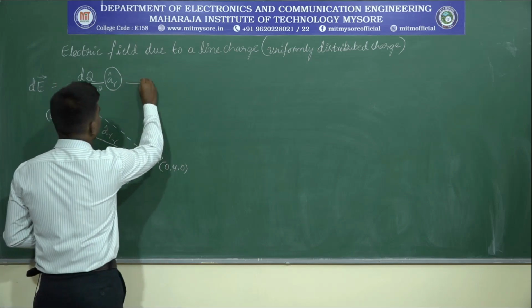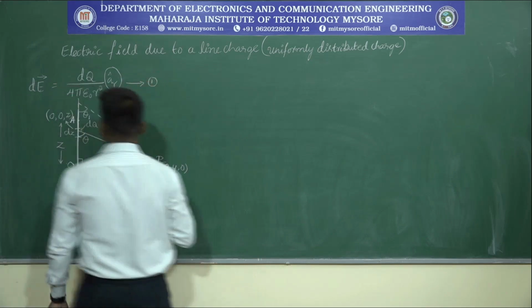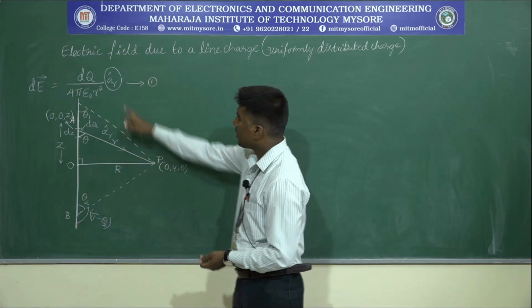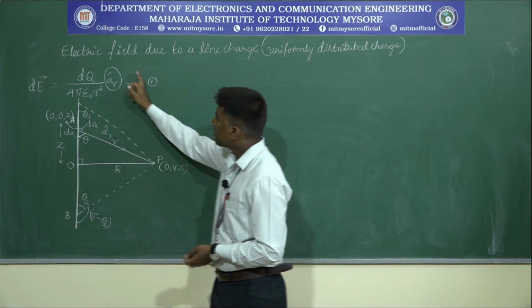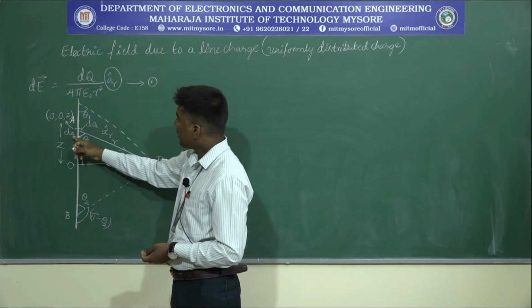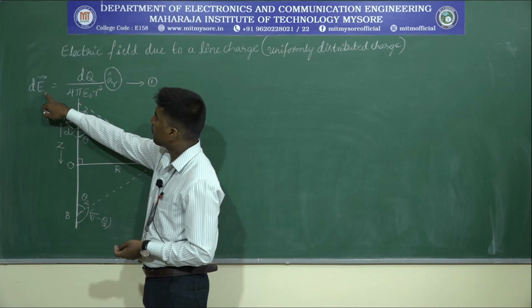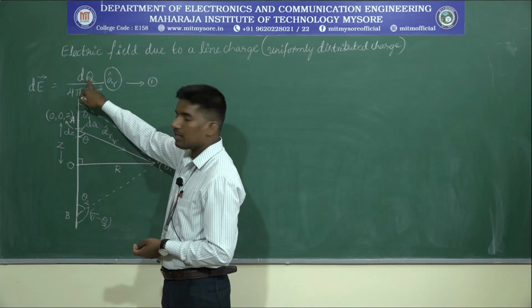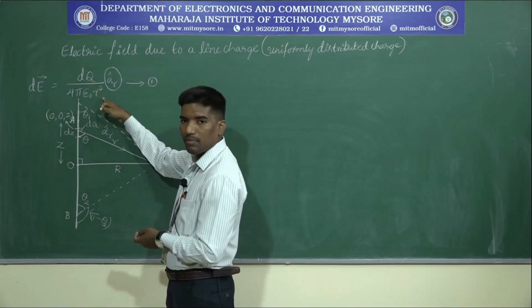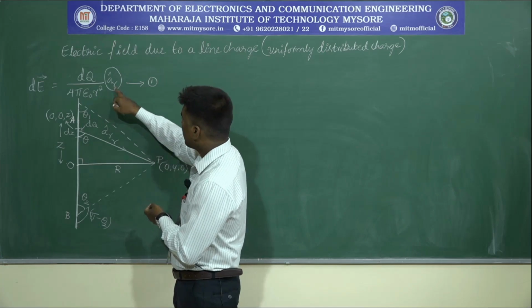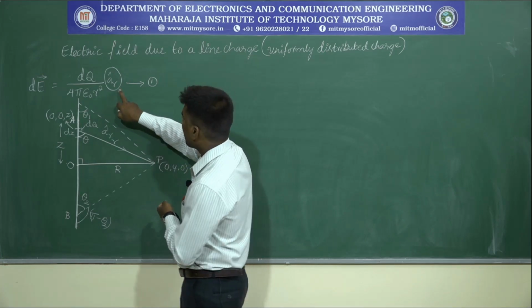Let us consider this as equation 1. Now the objective is to calculate this unit vector. The elementary electric field due to the elementary charge dq is given by this equation. Now we need to calculate a cap r. What is a cap r?